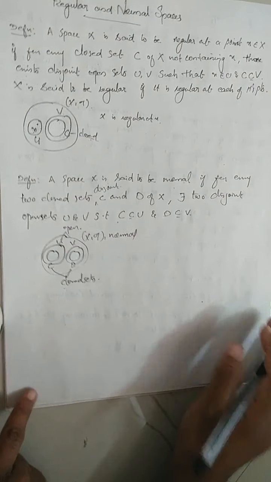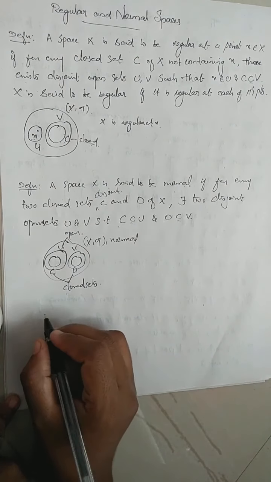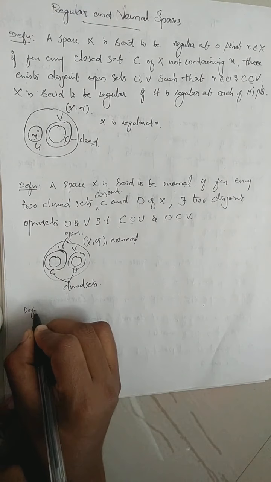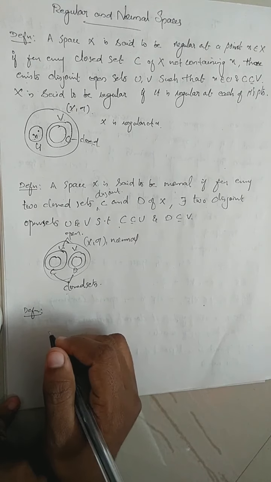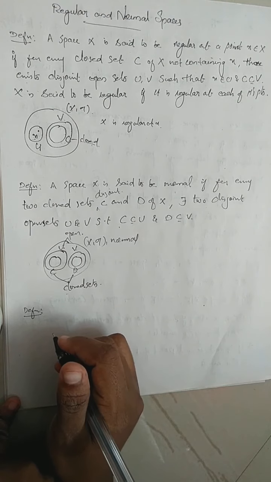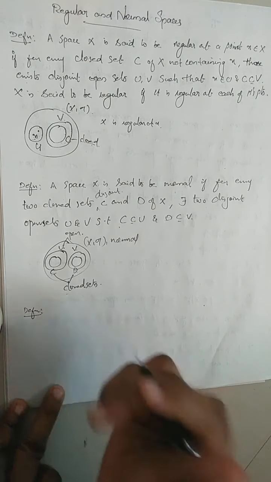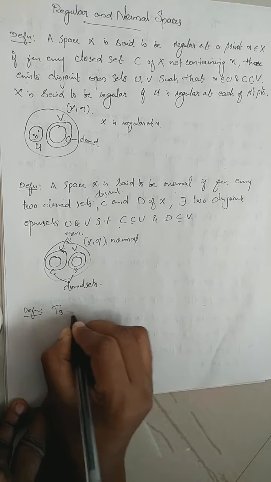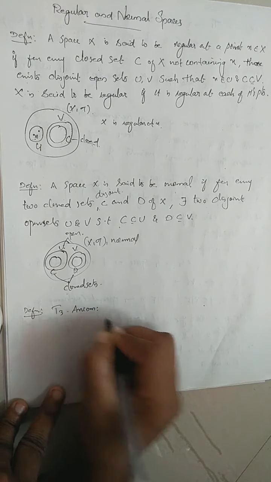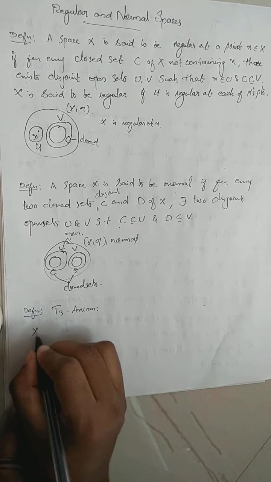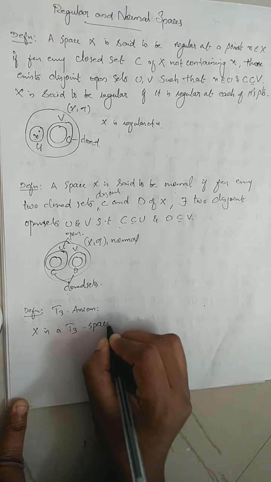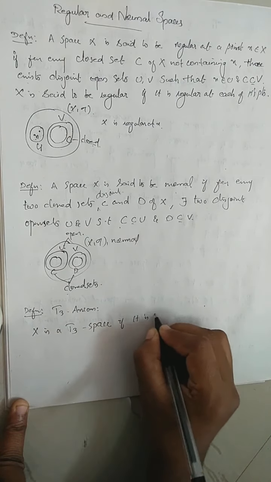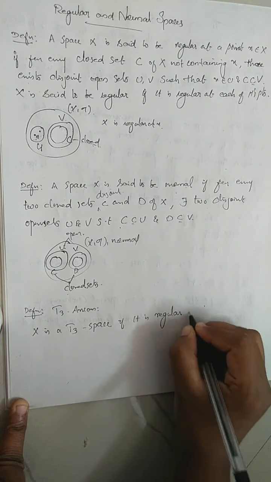Before stating the examples, I will define one more definition. What are T3 spaces? We already discussed the separation axioms T0, T1 and T2. Now we will define the T3 separation axiom. The T3 axiom says that a topological space (X, τ) is a T3 space if it is regular and T1.